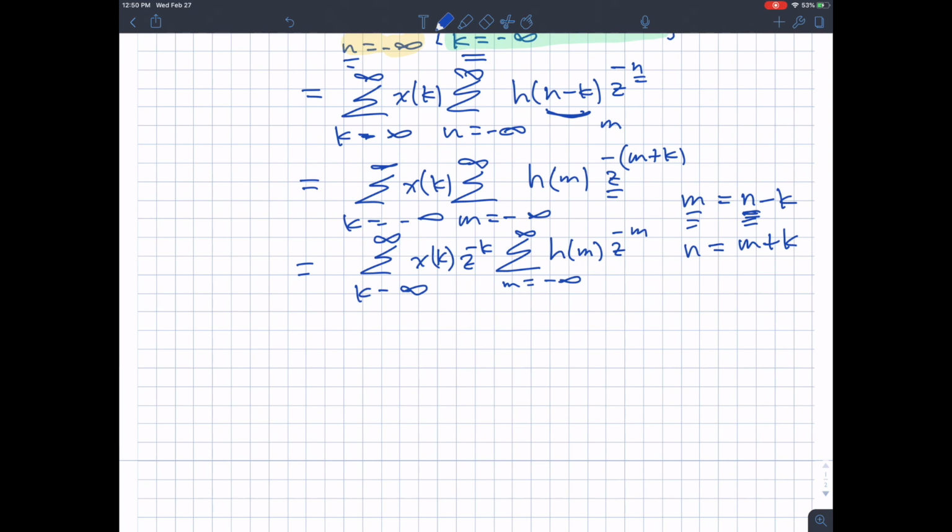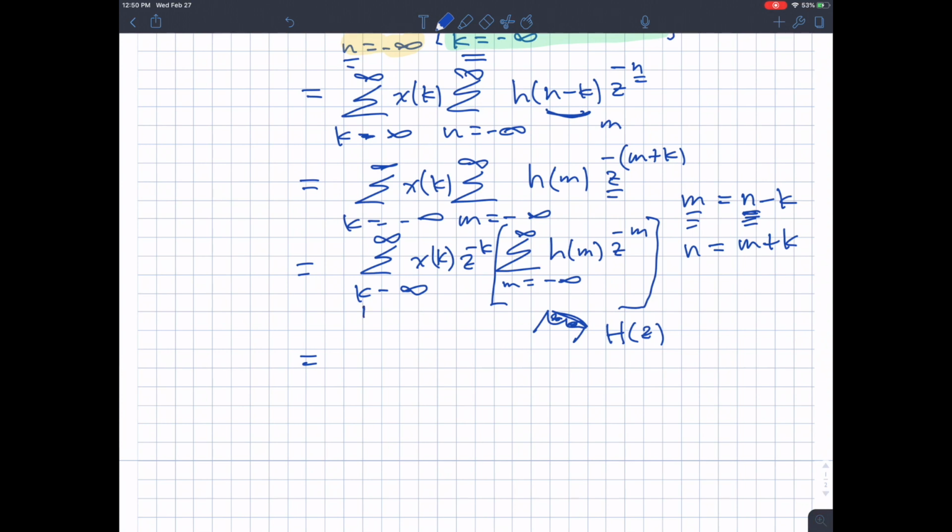And so what we notice here is that this is an inner loop. This inner loop of the sum is the definition of the z transform of h. So I recognize that pattern: that's h of z. So from there, I would have the sum of x of k, z to the minus k times h of z.